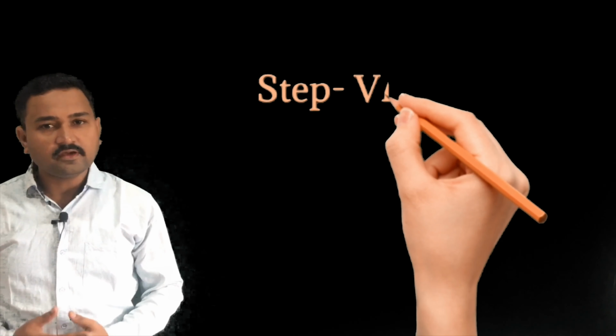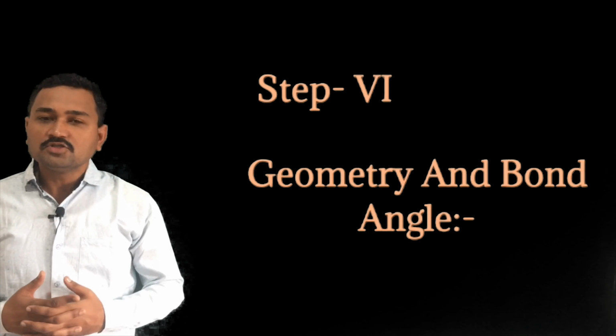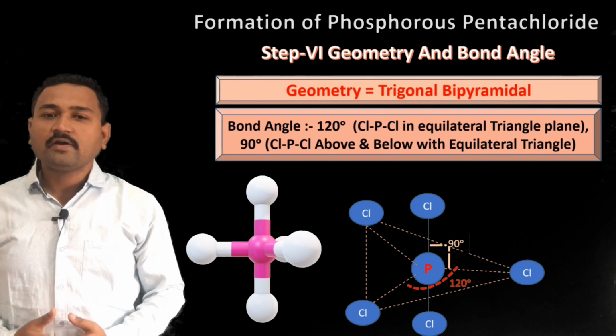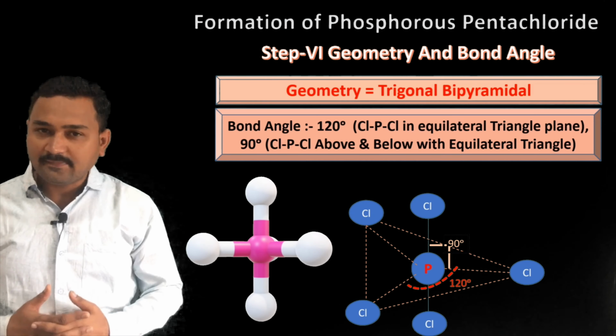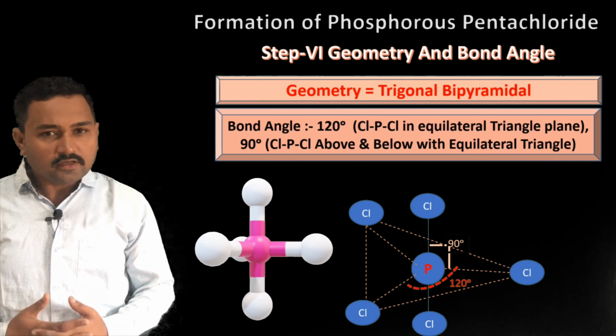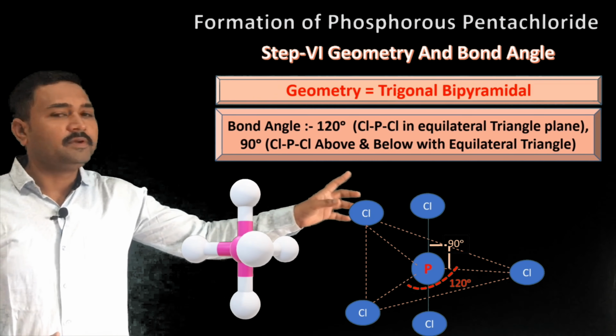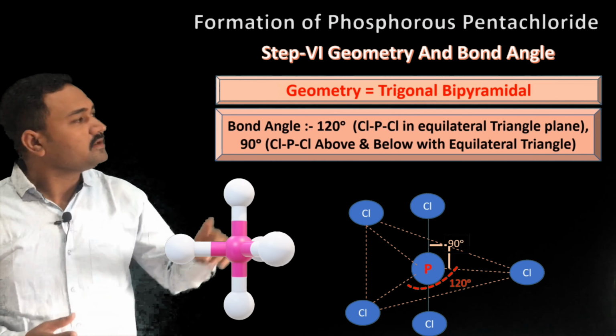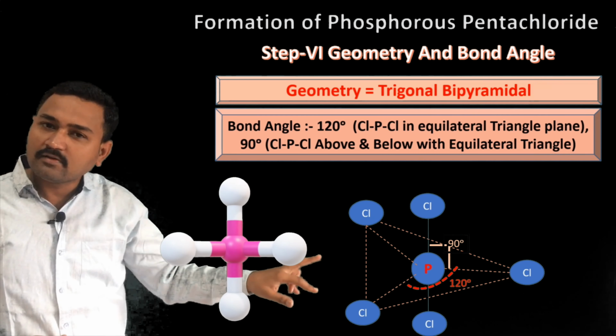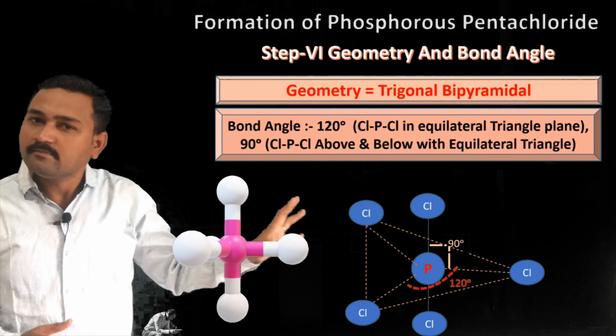Now the next step is the geometry and the bond angle. The geometry of PCl5 is trigonal bipyramidal. In this trigonal bipyramidal geometry, 3 hybrid orbitals lie in one plane and the other 2 are perpendicular to that plane, that is above and below.